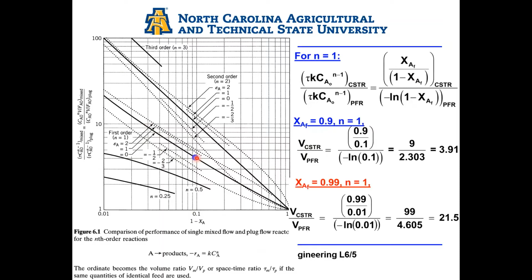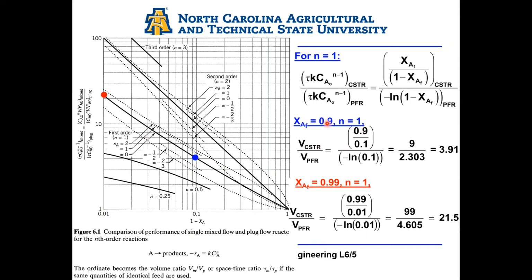Similarly, if I want a much higher purity, a much higher conversion of 0.99, I read it off the chart: 1 minus 0.99 is 0.01, and the ratio of the volumes in this case is about 20, right? So again, similar to the previous slide on second order, for a first order reaction I see the same phenomenon where, as my conversion requirement increases, the volume of the CSTR increases significantly.